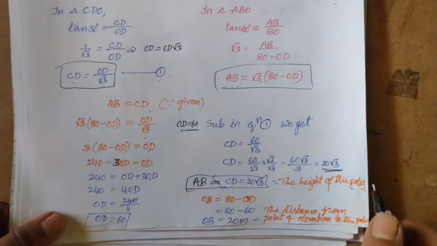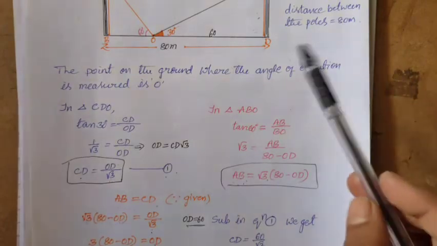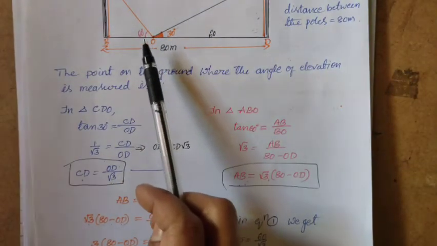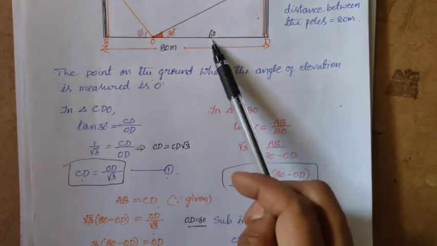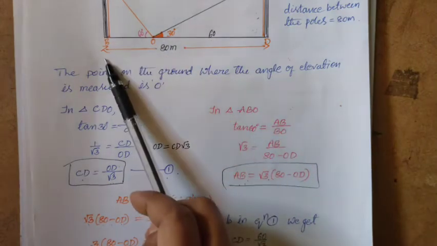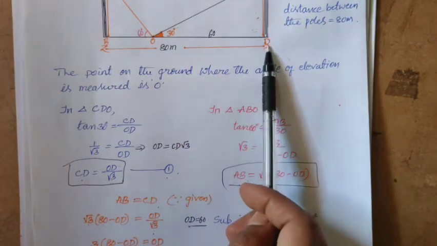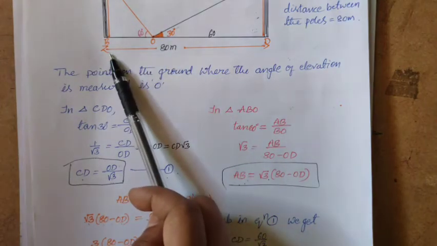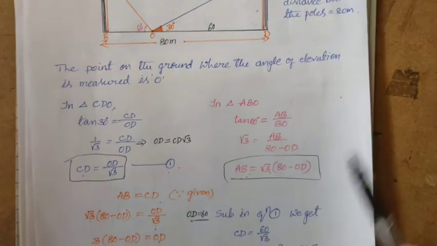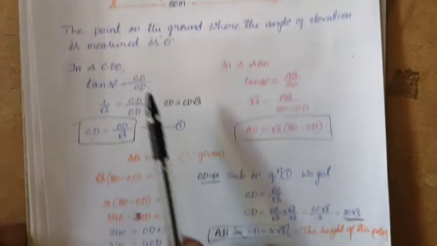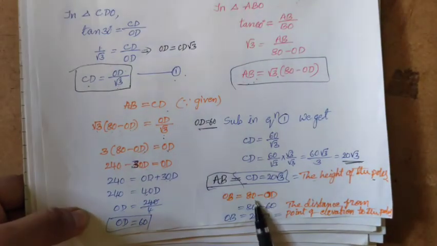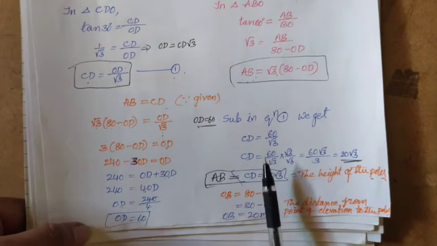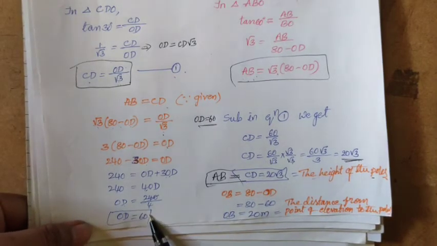Okay. So already I found the distance from O to this CD is how much? 60. What is this OB? Total length is 80. Subtract 60 from 80, we get what? OB is 20. So again I found the OB length. OB is equal to what? Total 80 minus OD. I already found OD. OD is how much? 60.